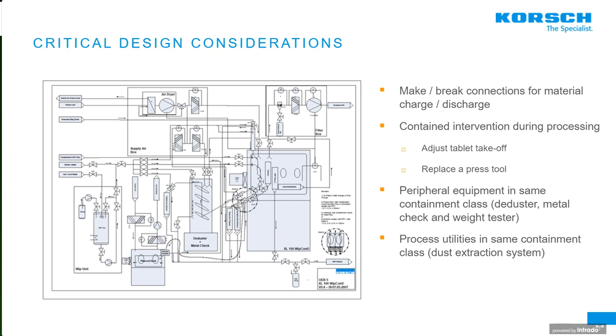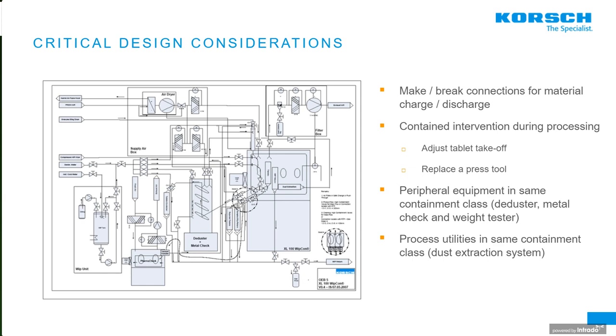Selecting peripheral equipment that is OEB3 or OEB4 wash-in-place, in other words, that matches the containment requirement for the project, is certainly critical. And interfacing these components together so that all the utilities, air, water, the plumbing, valves, make-break connections, all need to be in the same class.